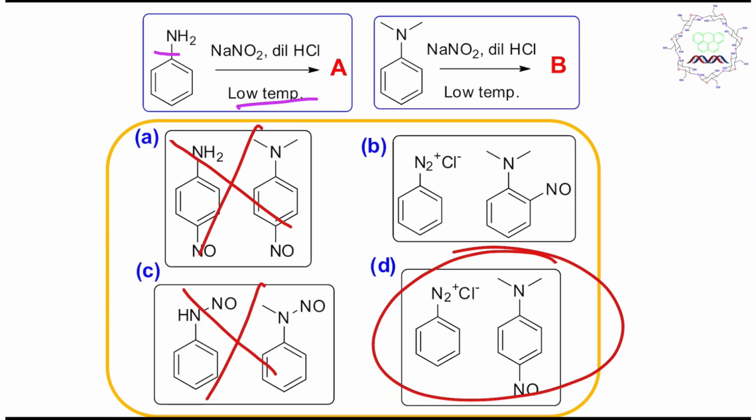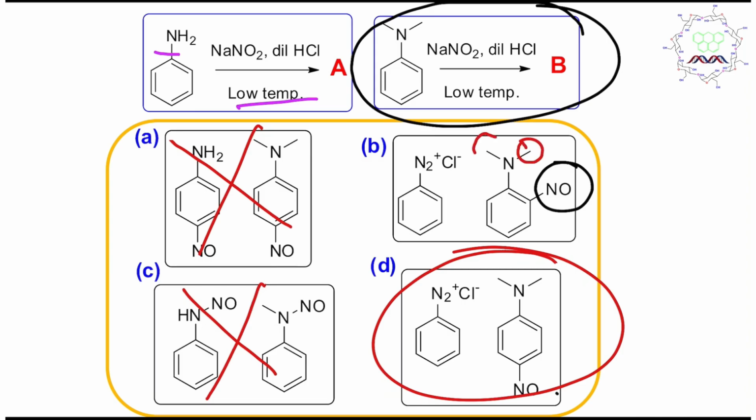Second, this NaNO2 and dilute HCl react to produce B. Either ortho-nitrosation or para-nitrosation is possible. Obviously para-nitrosation is more favored. Not only that, this nitrogen is attached to two methyl groups which are bulky, so steric interaction is also possible in the ortho position, so para. So based on your very common sense, you can come to the right answer in less than 30 seconds.